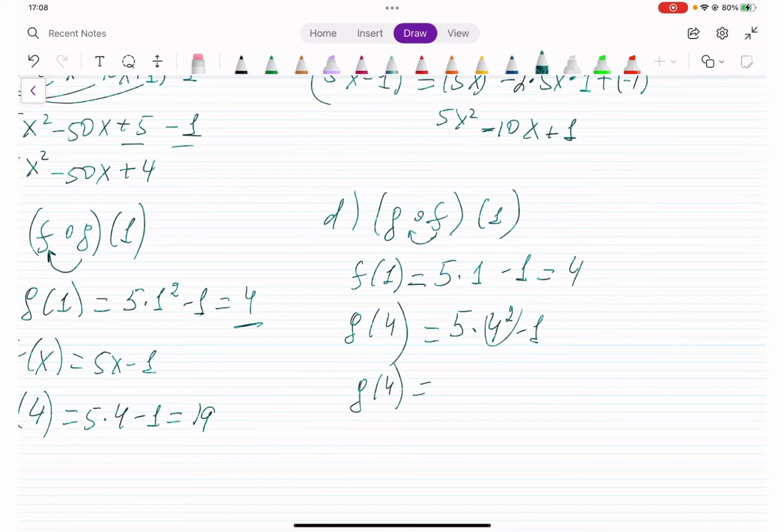The 4 squared is 16, 5 times 16 is 80, minus 1 is equal to 79. Okay, and that is the result.